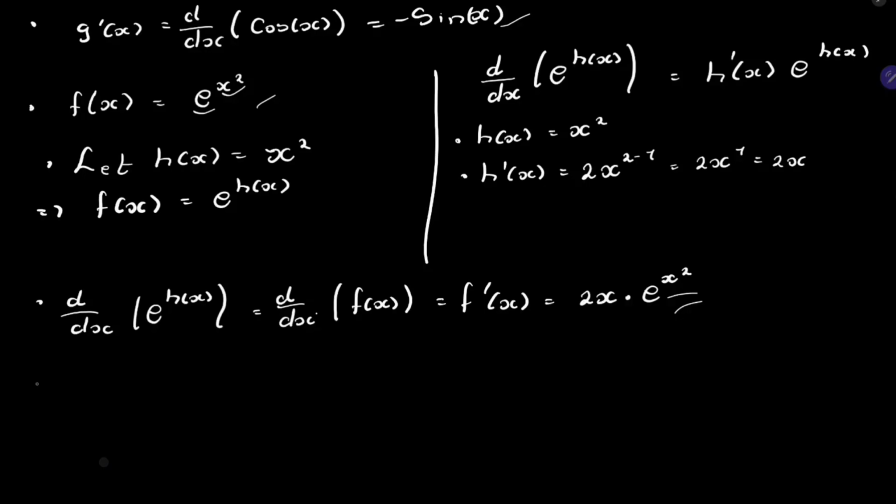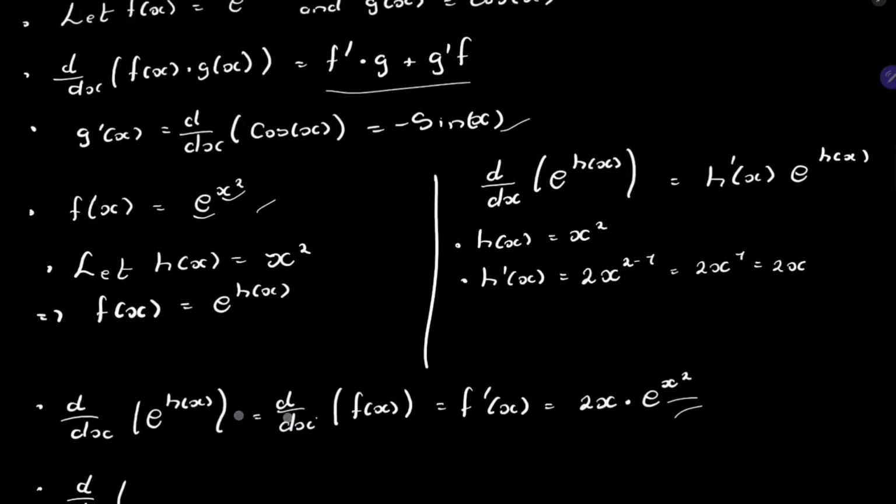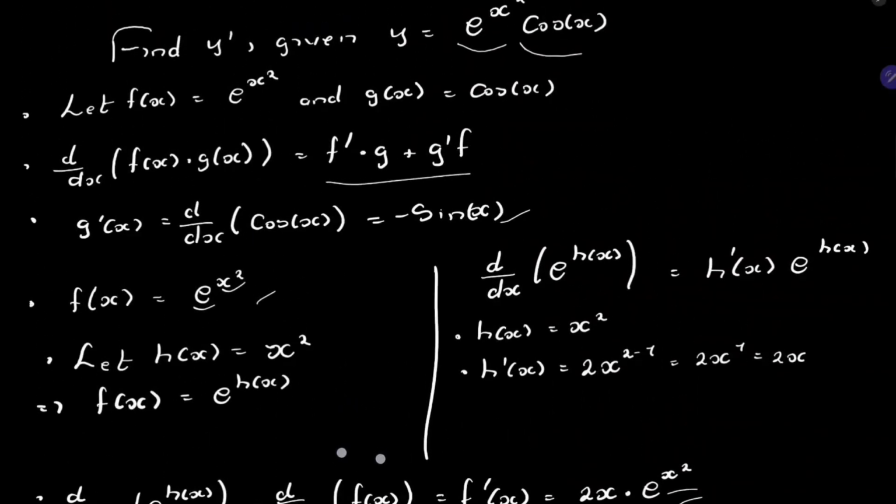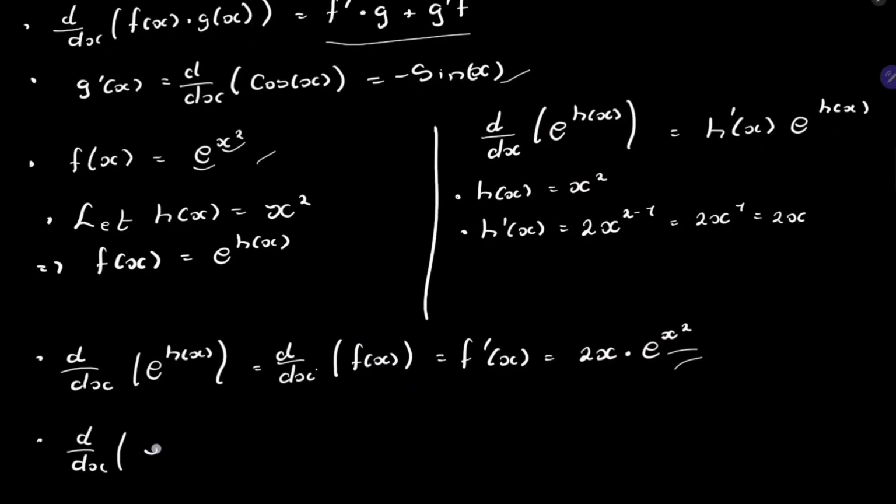So what do we have? The derivative with respect to x then of e to the x squared times cos x is then equal to, what is f prime? f prime is the function 2x e to the x squared.